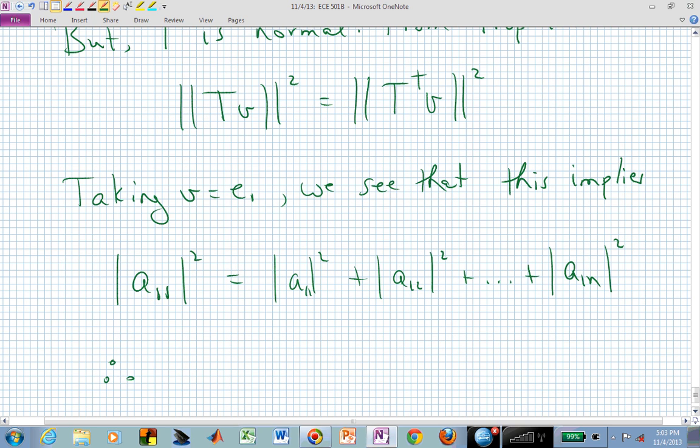If the left side is equal to the right side, all of those trailing A's need to be 0, because we only have the first two pieces. |A11| squared is equal to |A11| squared, meaning we can conclude that A12, A13, all of those terms in the top row of that matrix representation of that linear map T must be 0.